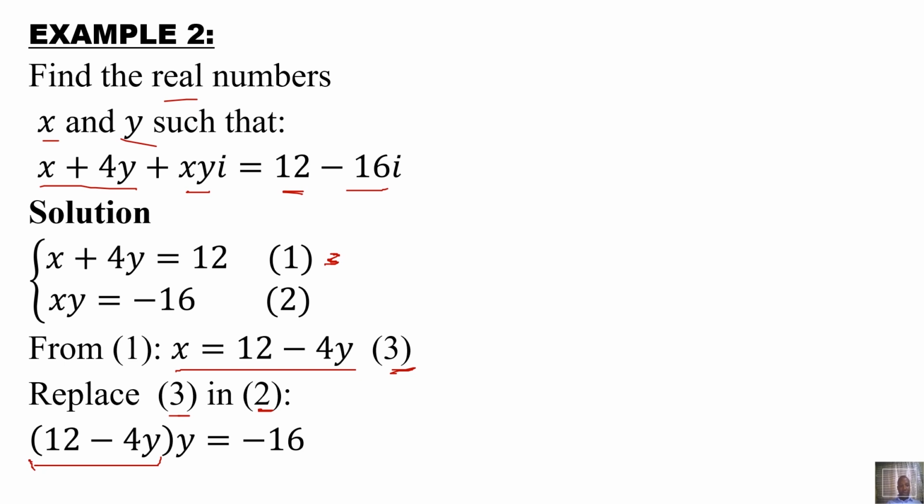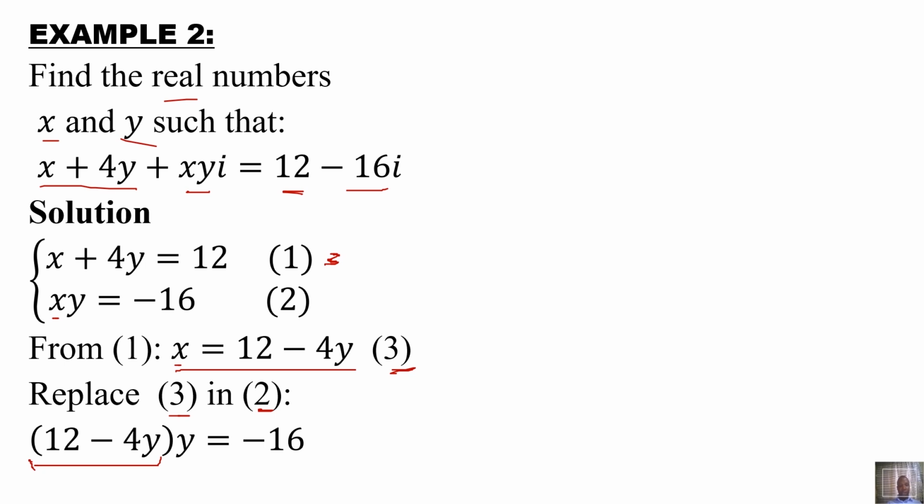This is because 12 minus 4y is equal to x, and in equation 2 it is xy. So where we have x, we write 12 minus 4y. So we replace x by 12 minus 4y in equation 2.